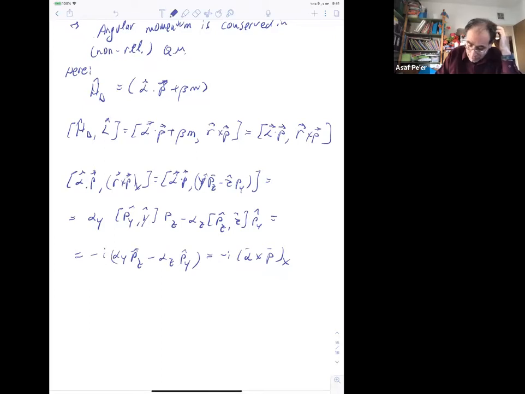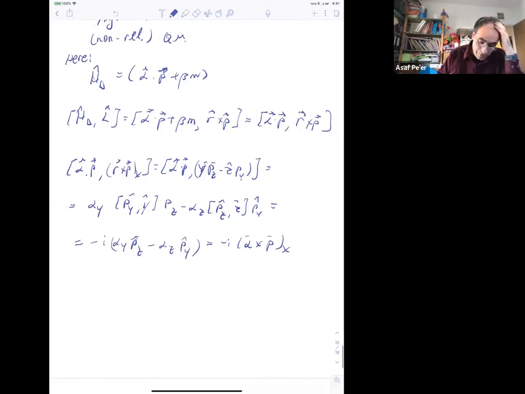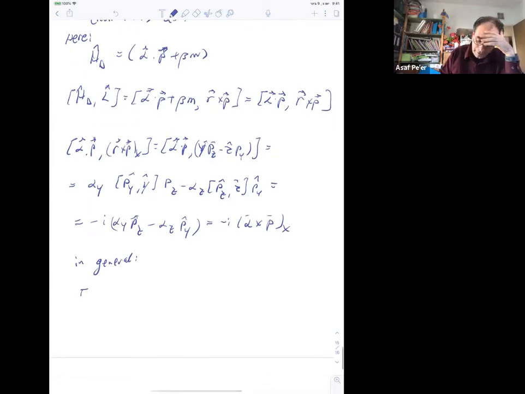So in general, what do we have? We have that H Dirac on L is minus i alpha cross P. Just one small comment, right?